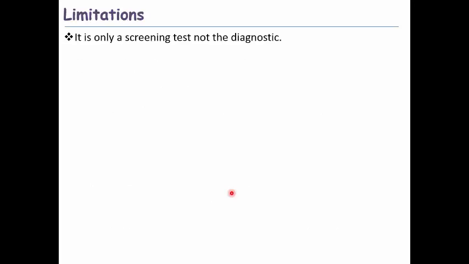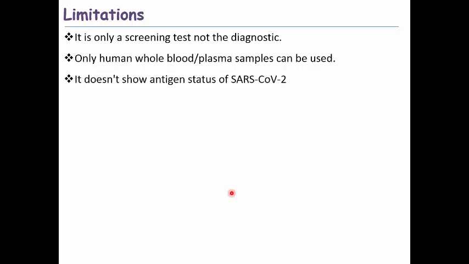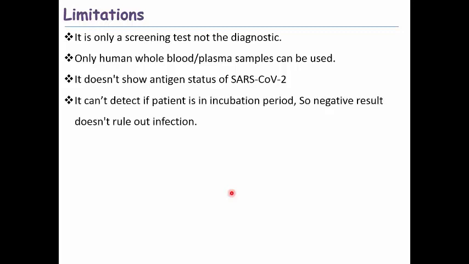What is the limitation? As we all know, it is not a diagnostic test. It can only be used as a screening test. It can only be performed on specimens of whole blood, plasma or serum. It doesn't show anything about the antigen status of the coronavirus. So it can't detect patients who are in the incubation period or in the asymptomatic phase.